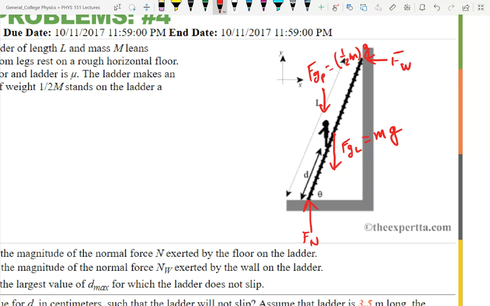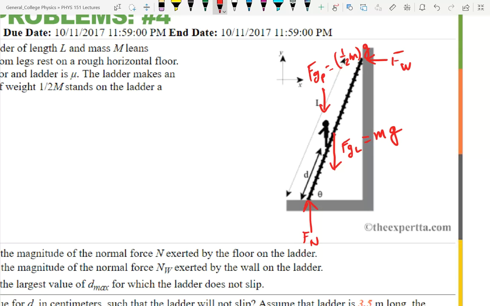What direction is static friction pointing? Oh, wait, in the spring? Yeah. What direction is static friction always going to point? Opposite to where you're stretching? It's going to point in the direction necessary to keep it from sliding. So if there was no friction, what would the ladder do?